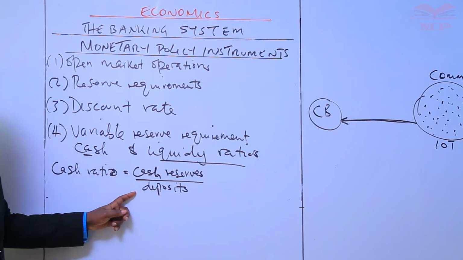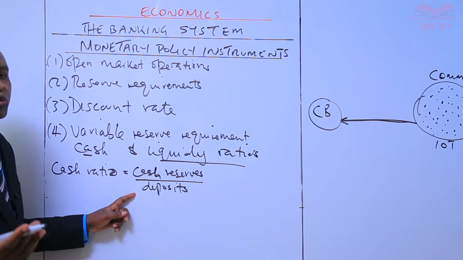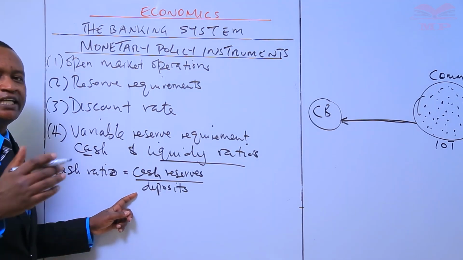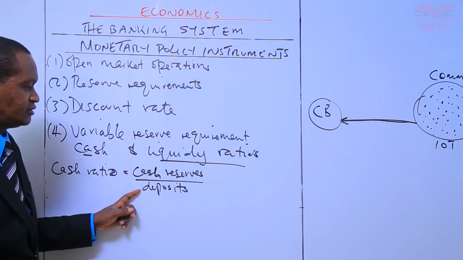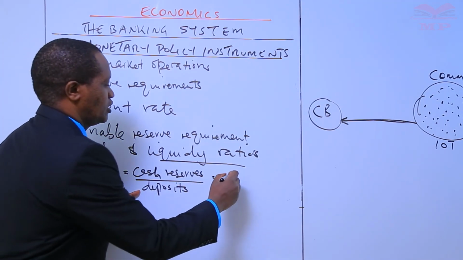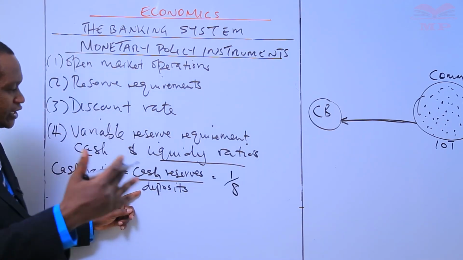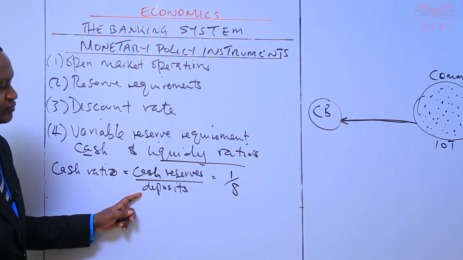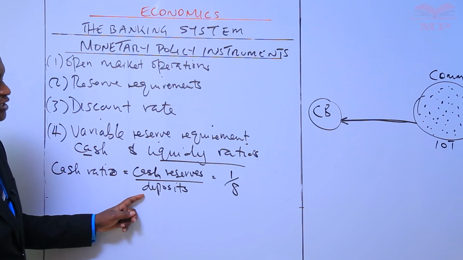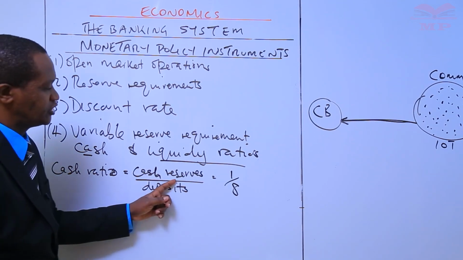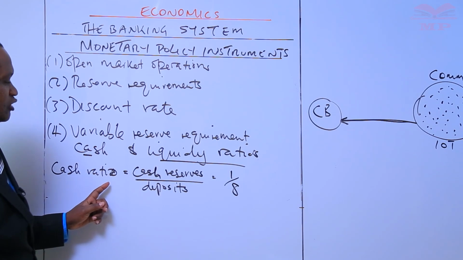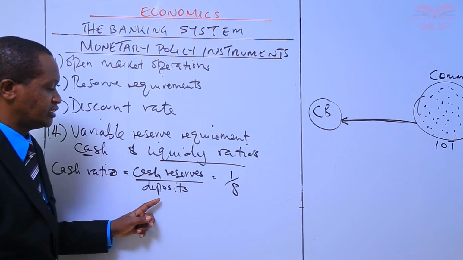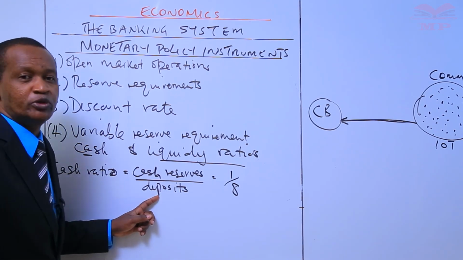And the central bank might require the commercial banks to maintain a certain ratio of, say, 1/8, or 1:8. That means that for every 1 shilling of cash reserves, the commercial banks can have 8 shillings in the form of deposits.